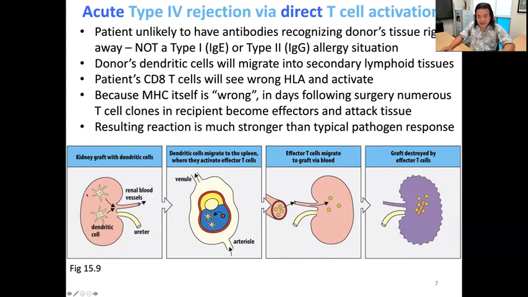Consider also that patients who are on these types of medications so that they tolerate having a foreign kidney in their body, hopefully for years, their immune systems are highly suppressed now.